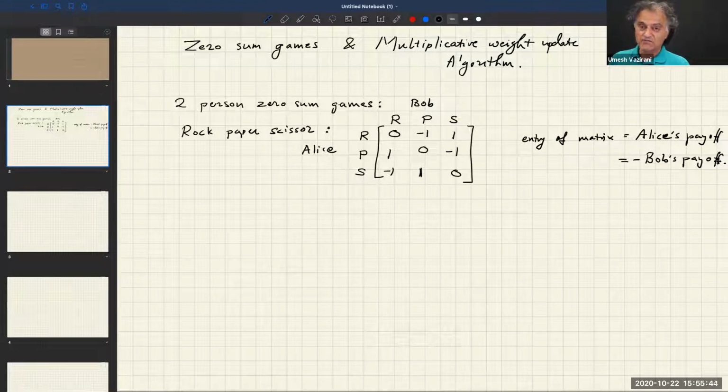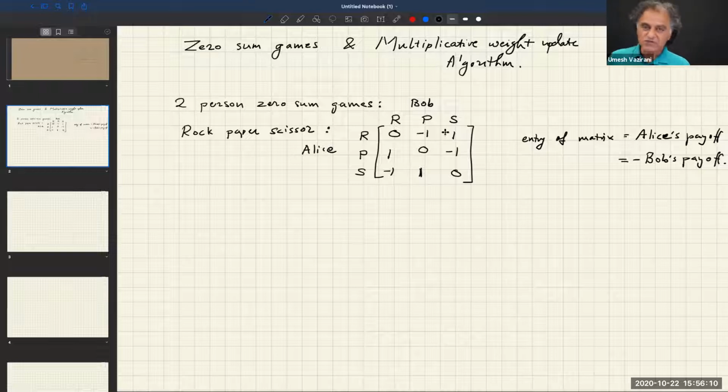So it might be, if you want to wait until the other person plays. So for example, if you can somehow trick Bob into playing first, then your strategy would be, well, if Bob plays rock, then you should play paper. If Bob plays paper, then you should play scissors. And if Bob plays scissors, then you should play rock. Okay, so that might be a strategy.